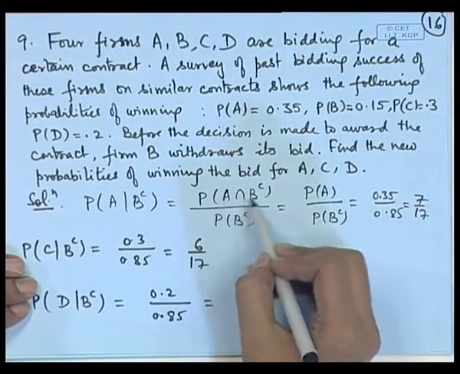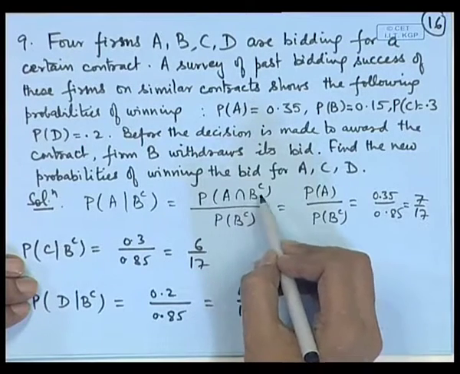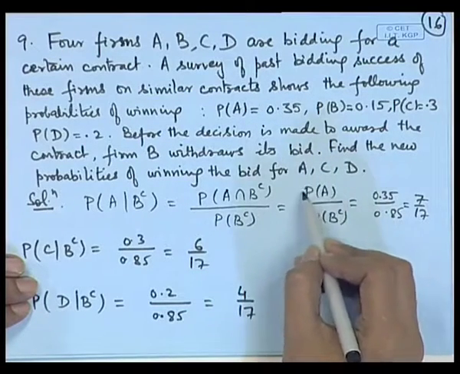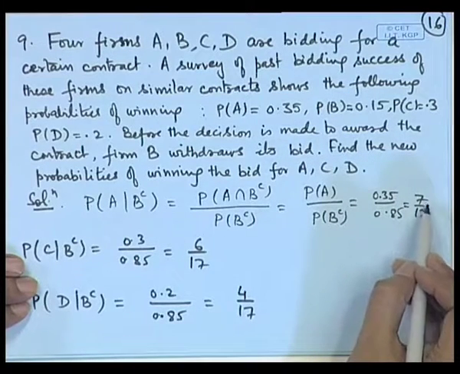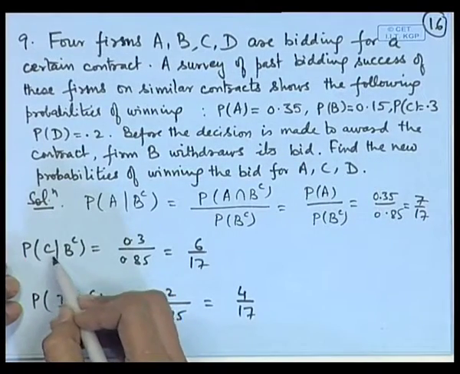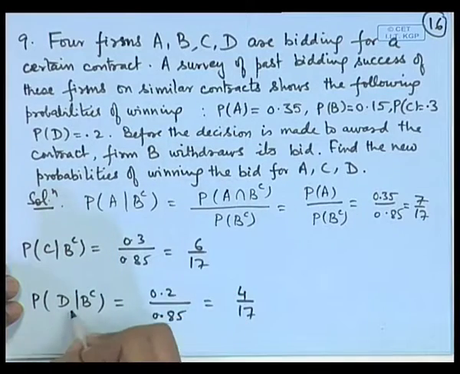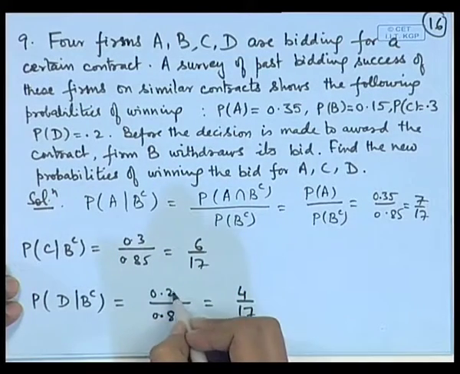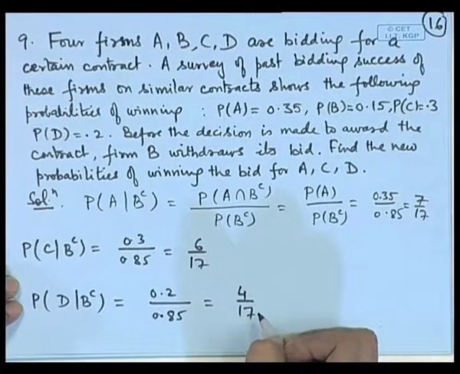Now, here you notice that B complement means that B does not win the bid. Therefore, A winning the bid is actually a subset of this. Therefore, A intersection B complement is simply probability of A. So, if we substitute the probabilities here, we get 7 by 17. In a similar way, probability of C given B complement turns out to be 6 by 17, and probability of D given B complement turns out to be 0.2 divided by 0.85, that is 4 by 17.